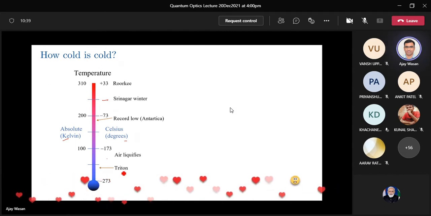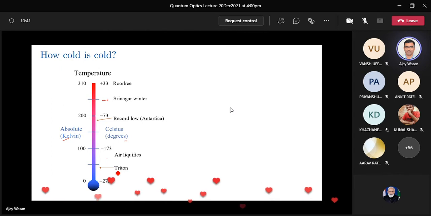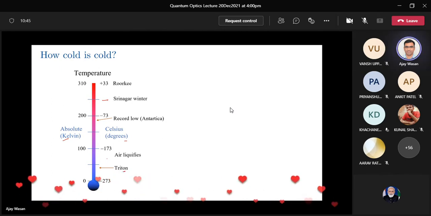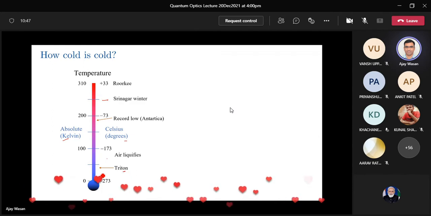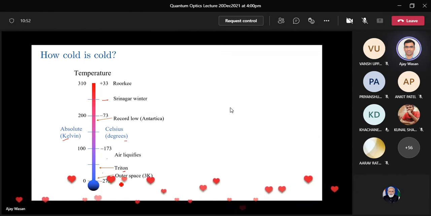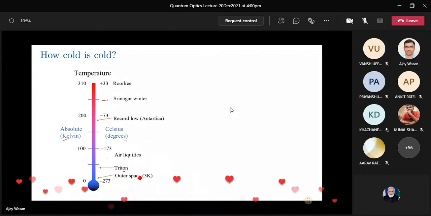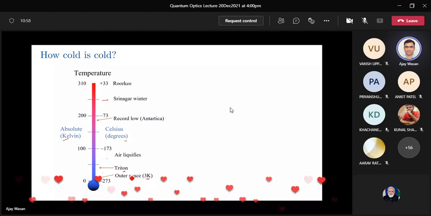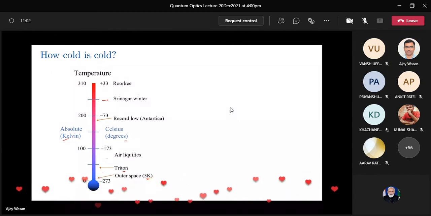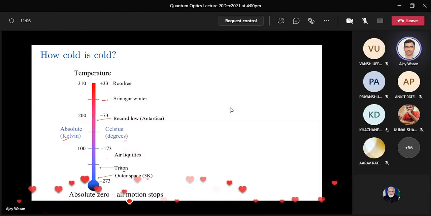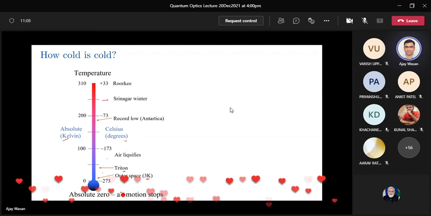And this is outer space, you go to some planet, temperature this much. And here, outer space temperature reaches about 3K. We are reaching almost very low temperature, 3 Kelvin I am saying, but we are not reaching 0. Okay. So absolute 0 means all motion stops.